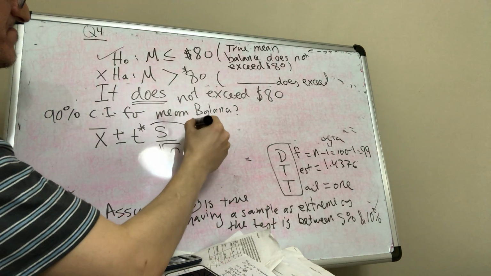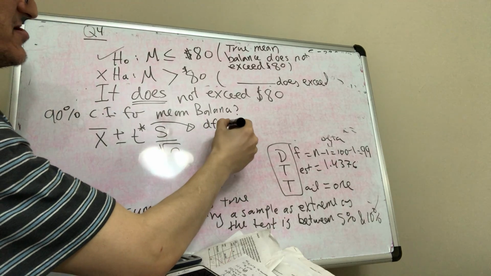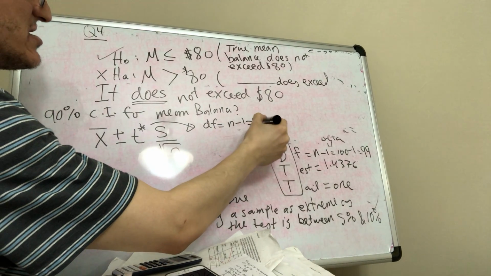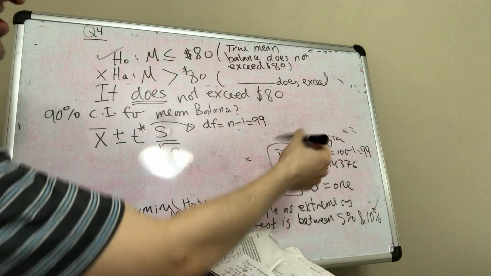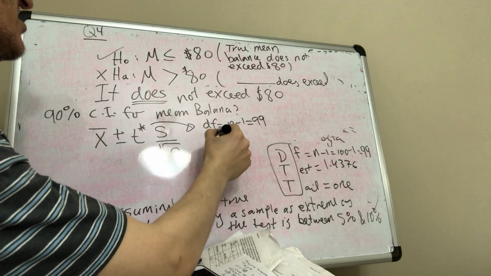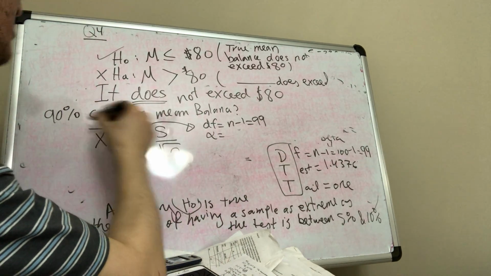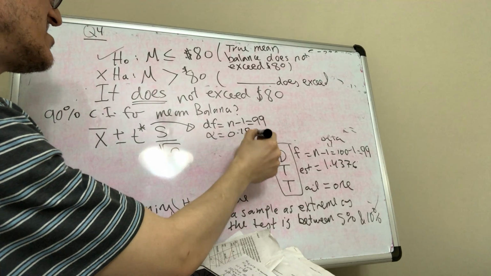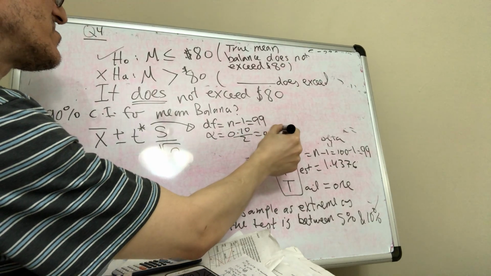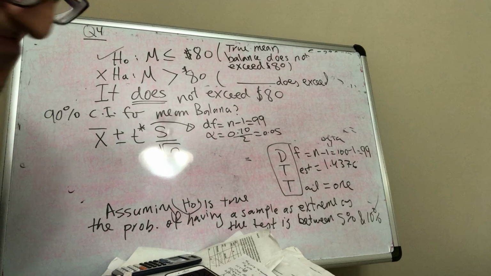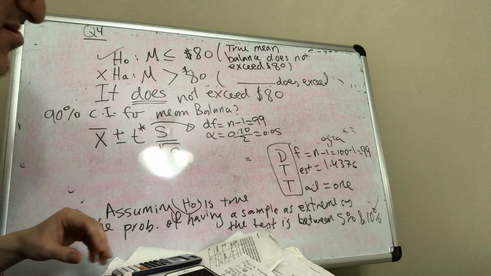T star, you need degrees of freedom. We know n minus 1, and we know that it's 99. We need alpha. If it's 90%, then it's 10%. And for a confidence interval, we always divide by 2, because all confidence intervals are two-tailed.